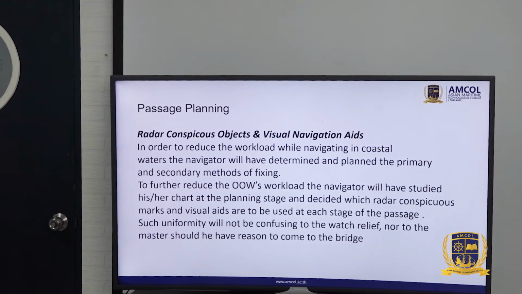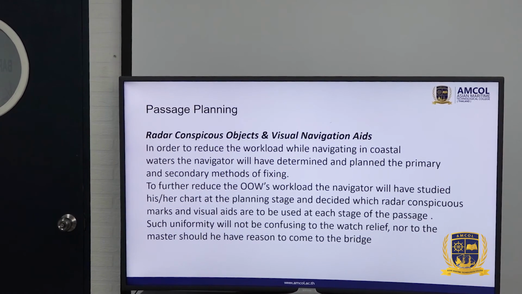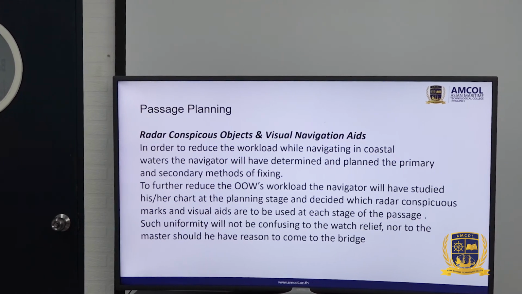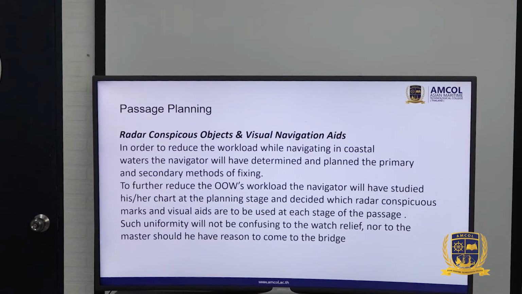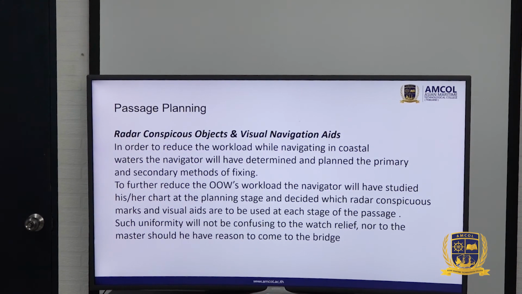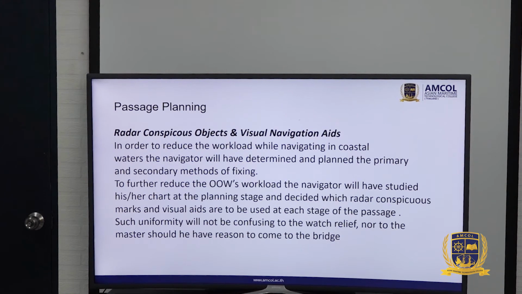Visual navigation aids could be transit bearings, lighthouse bearings, or towers which are easily visible during day or night. Very often it can also happen that you are not able to identify certain key points, so it will make your life easier if you identify them earlier during your planning.